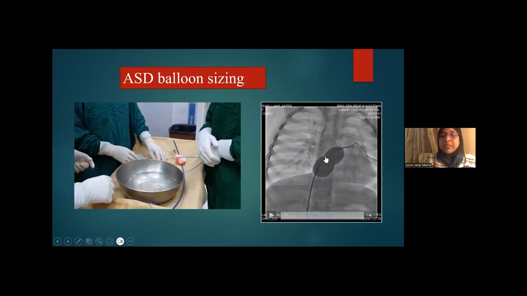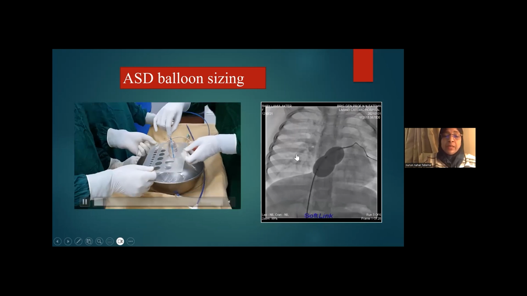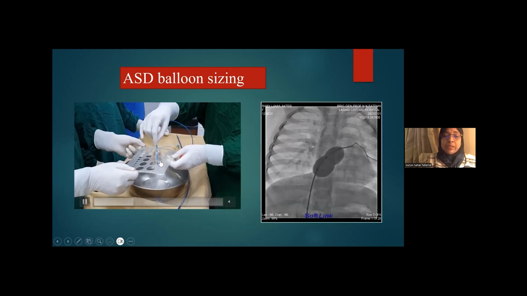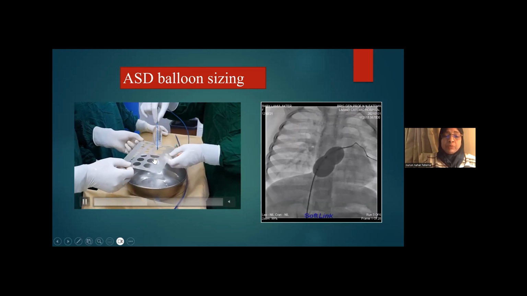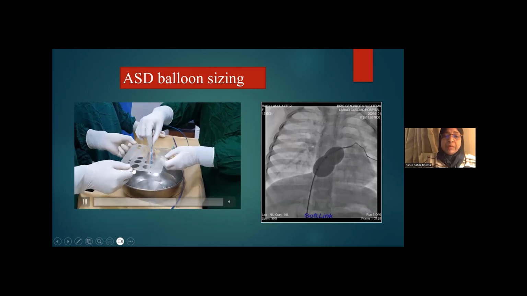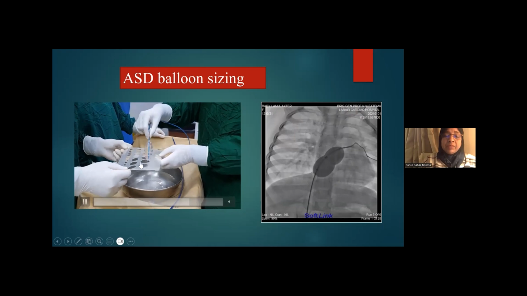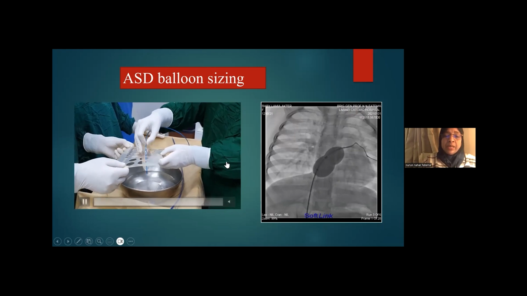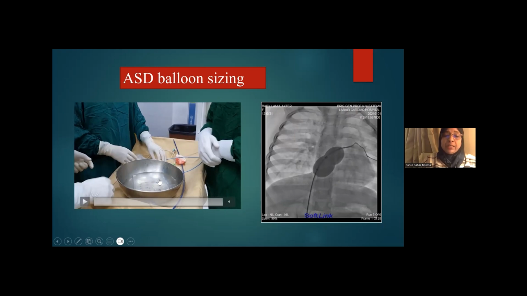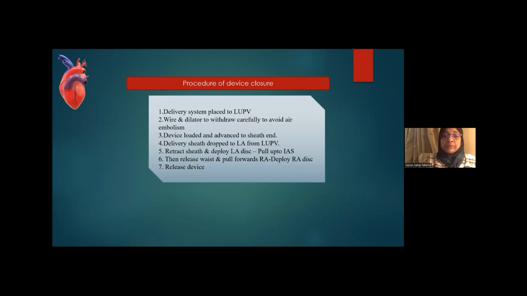During the device closure procedure, we measure the diameter of the ASD with the balloon, and now we are matching this balloon with this measuring plate, and we are measuring the diameter here. These are different diameters, and we are adjusting that one with this one. Suppose this one here is 10 millimeters, so this one is 10 millimeters, like this.